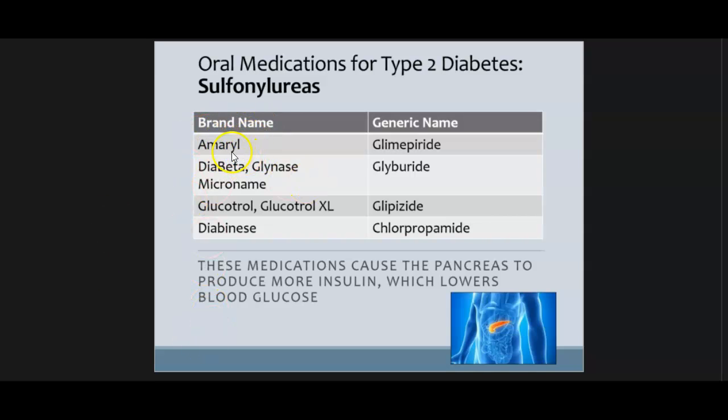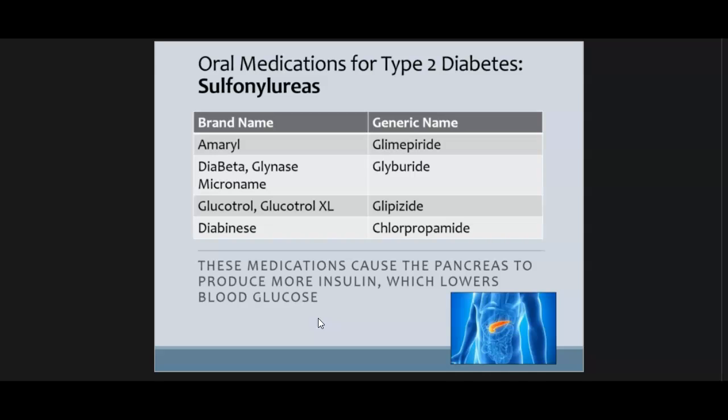The brand names would be Amaryl or glimepiride; Diabeta, Glynase, and Micronase, which are the brand names for glyburide; and Glucotrol XL, which is glipizide; and chlorpropamide.